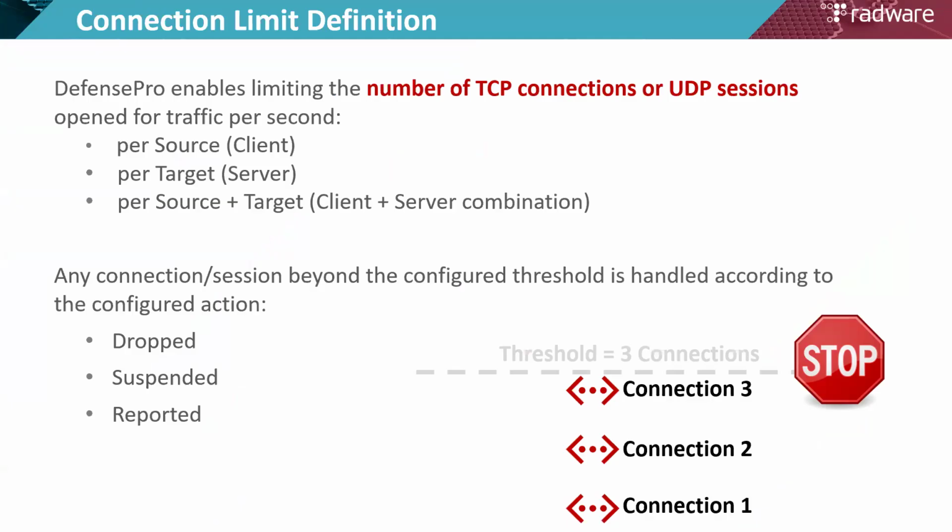Now, this shouldn't be used as the first mitigation action. Only if the other protection modules are not able to mitigate the attacks, then as a last resort, you can use this. Do not use this connection limit profile as your main profile.